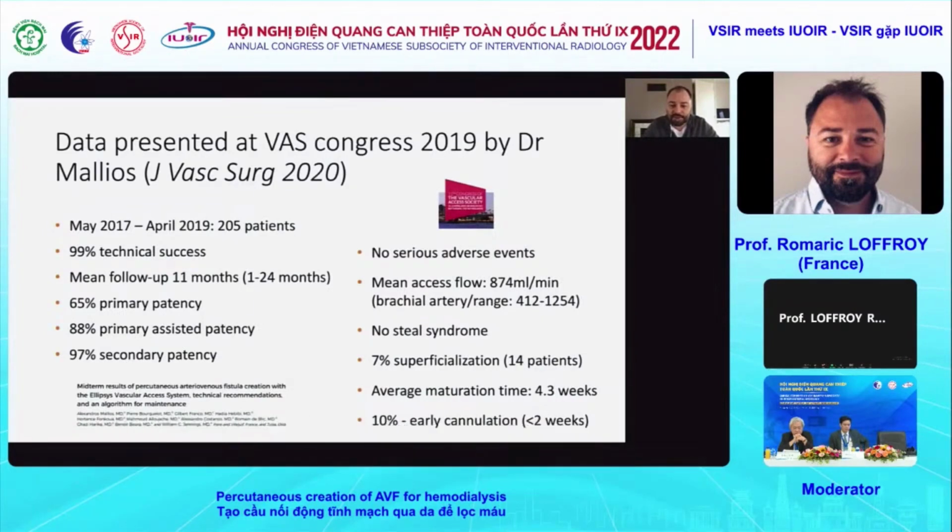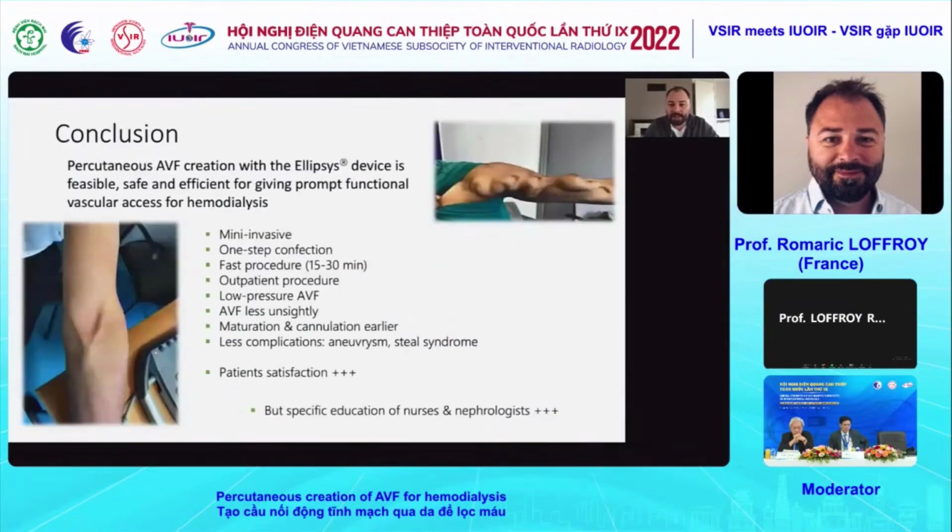Only 7% of patients needed a secondary superficialization, and average maturation time only 4 weeks, which is very interesting, with 10% of patients with early cannulation, meaning less than 2 weeks, which makes this intervention very interesting.